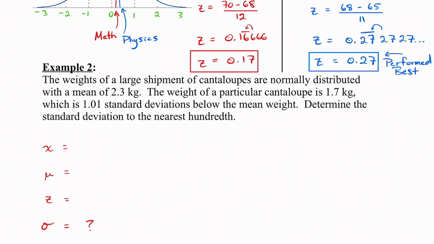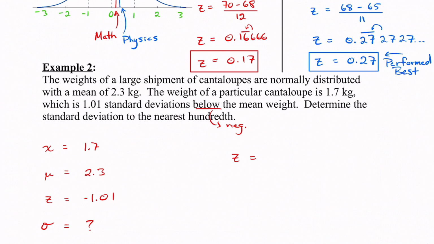So the standard deviation, that's going to be like our question mark. So let's write in all that information. Standard deviation we are finding. The z-score below meant that it was going to be negative. So this was negative 1.01. The mean, it said, was 2.3 kilograms. And then the cantaloupe weighed 1.7. So that's our data value. So let's start with our formula.